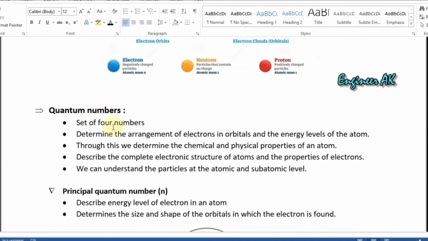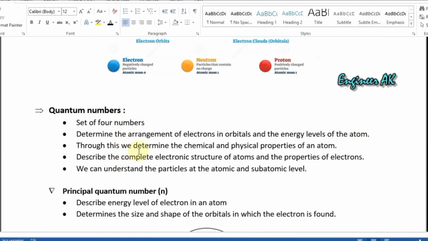So what are the quantum numbers? The quantum numbers are a set of four numbers. What these quantum numbers do is determine the arrangement of electrons in orbitals and the energy level of an atom. It tells us how the electrons are arranged in orbitals and in the energy levels of the atom.